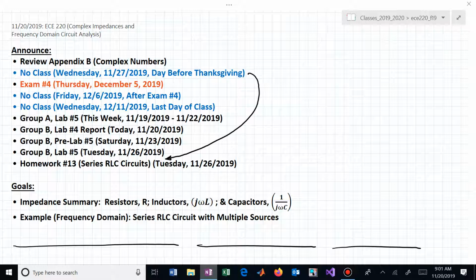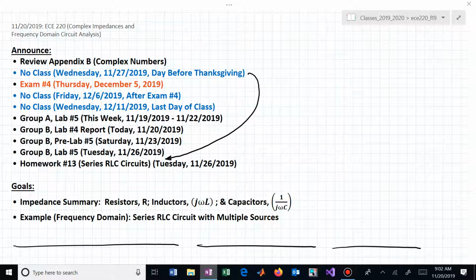Today what I want to do is summarize how we can express these passive elements in the frequency domain when we're now in sinusoidal steady state. We can now describe those by complex numbers. And the resistors come over unchanged.